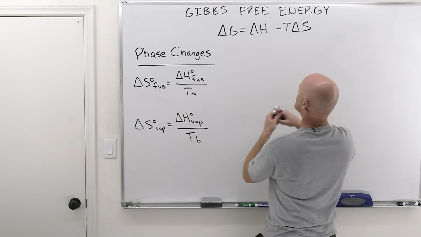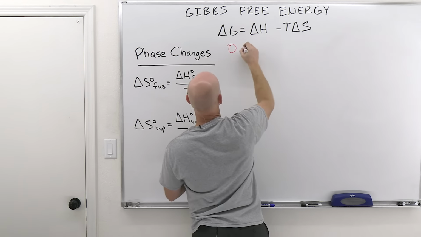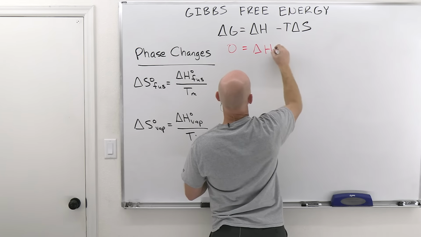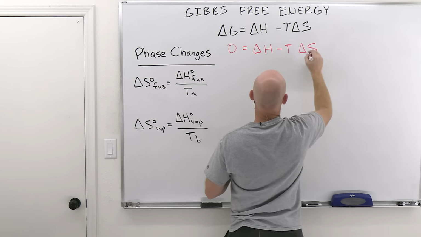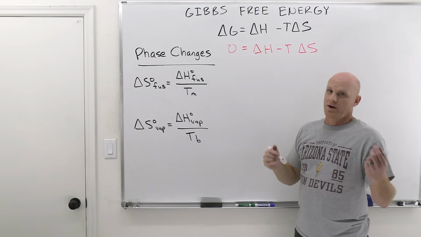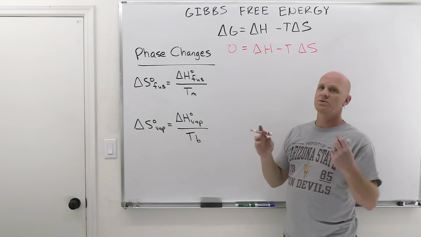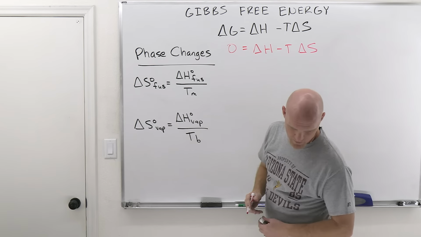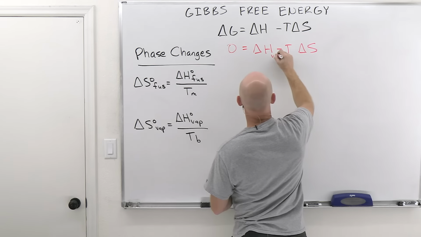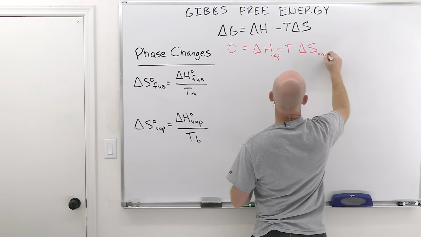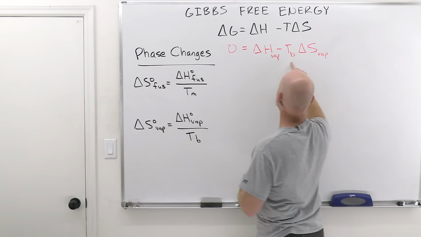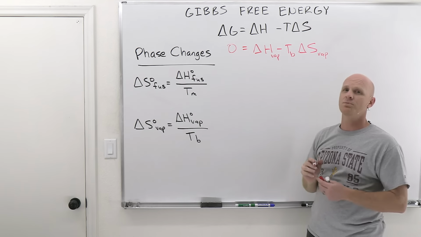Well, if we look at what that implies, we could say that 0 equals delta H minus T delta S. In this case, we're given the delta H of vaporization and the delta S of vaporization. That means the temperature at which this is going to be true is going to be the boiling temperature.